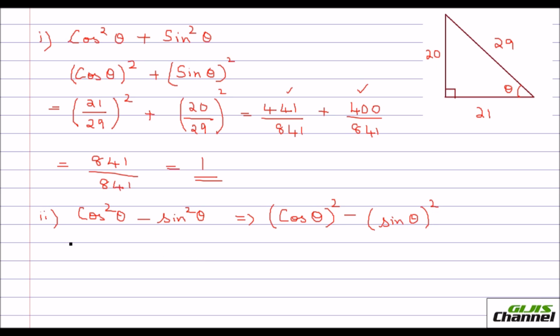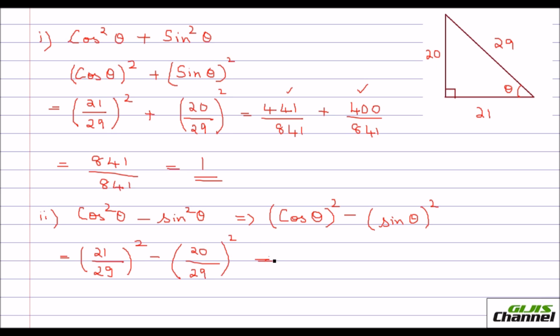So again, that is going to be 21 over 29 the whole square, take away 20 over 29 the whole square.